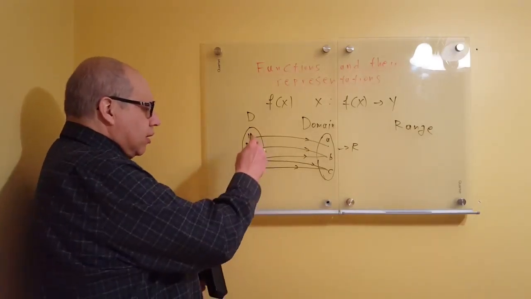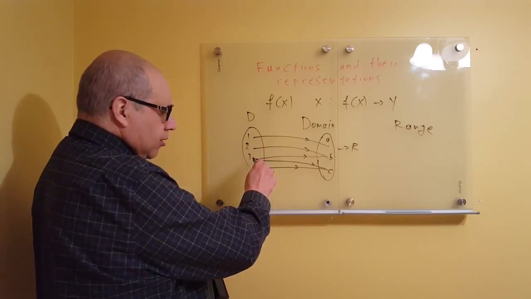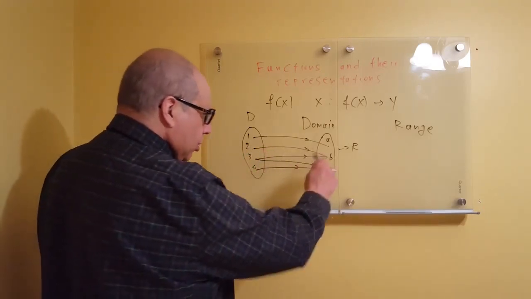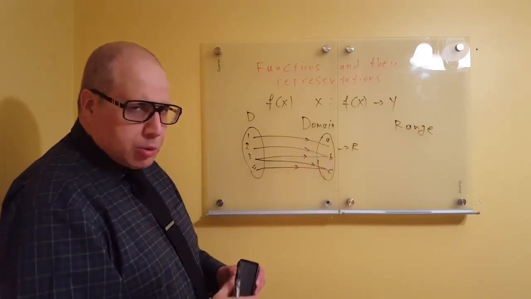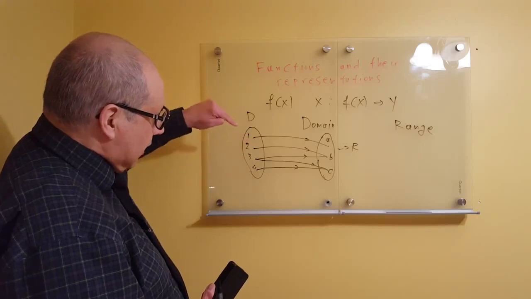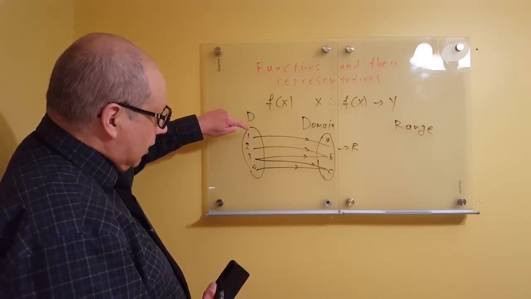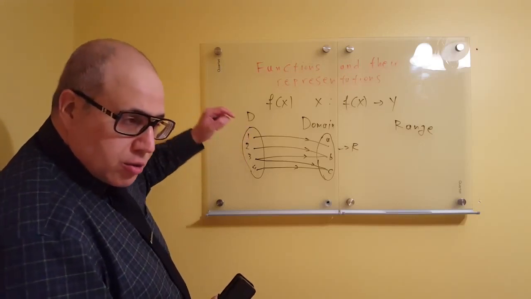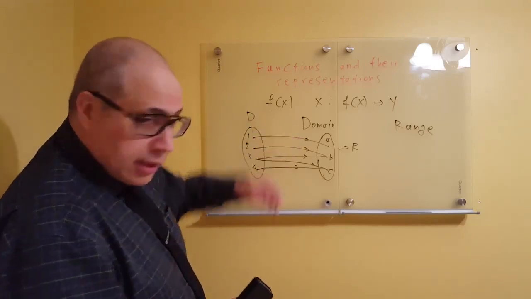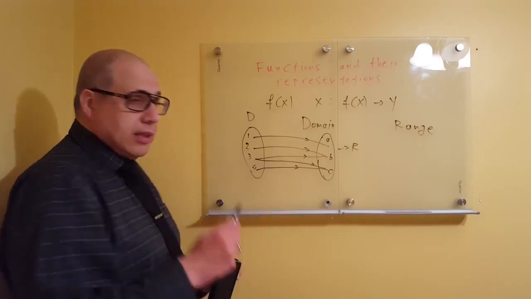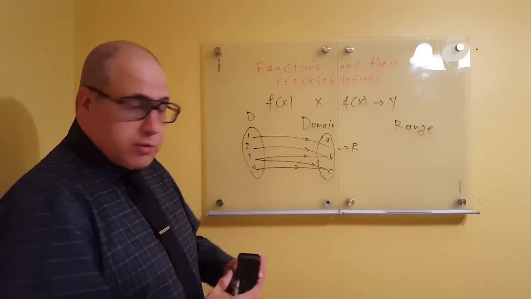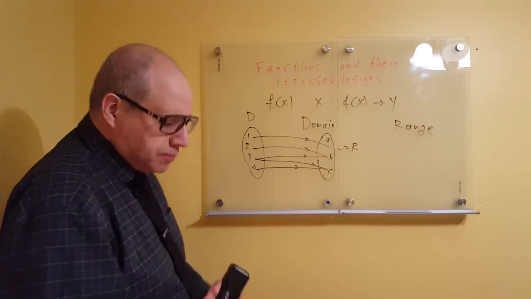Why? Because from this element here of the domain, you have two arrows leaving. So that means that it corresponds to two elements in the range. And we said that the definition is that for every element in the domain, there is one and only one element in the range. So that's why this case contradicts the definition of the function.